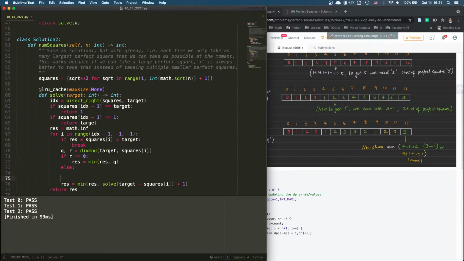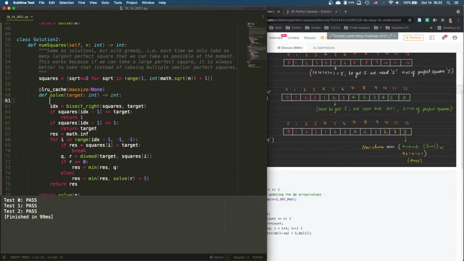Else, res equals min res, when I solve again, and target minus this is actually just remainder, right? It's going to be remainder plus 1. And then I think in this case, this can be contained, right? Because we don't need this.